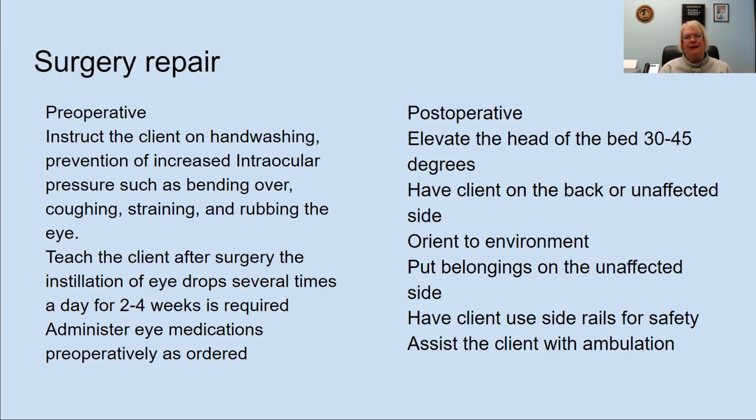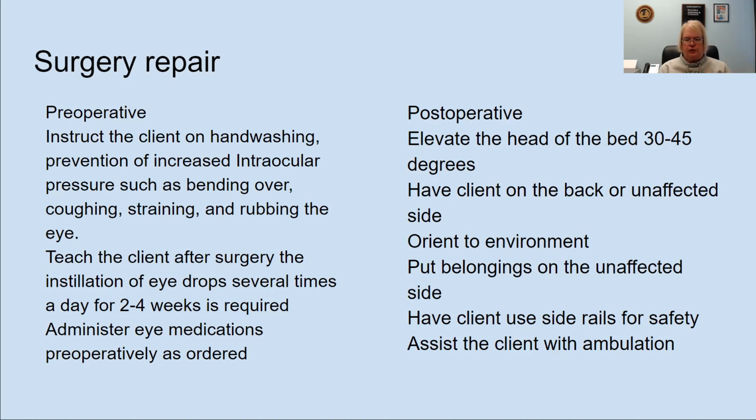Then post-op, we're going to elevate the head of the bed 30 to 45 degrees. That is one of those preventions of increased intraocular pressure. Going to have the client on their back or their unaffected side. You're going to orient them to the environment. You're going to put their belongings on the unaffected side and have the client use side rails for safety and assist the client with ambulation.